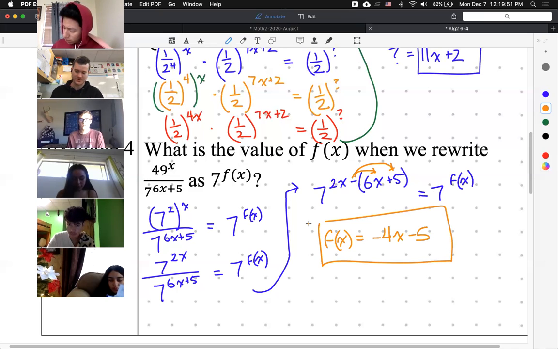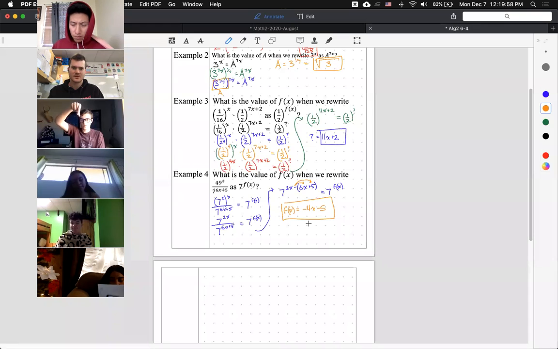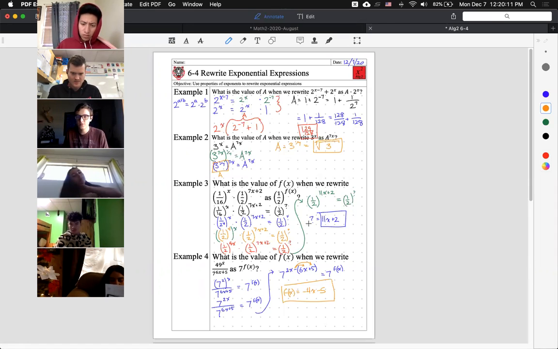So it was basically like example 3. I just tweaked it a little bit. Question: I understand how you got the negative 4x, but how did you just get the negative 5? Wouldn't the 2x affect that too, not just the negative? So you're saying, what is 2x minus 5?